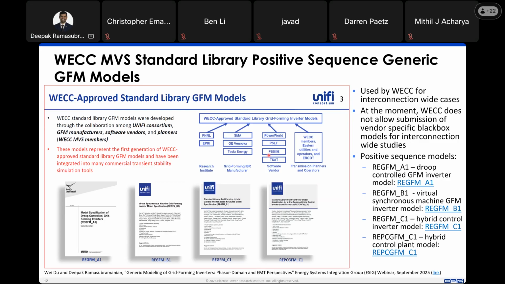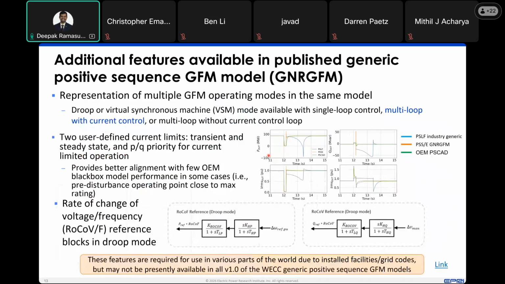But that's not all that the types of models available, because different jurisdictions around the world have different performance requirements. And different jurisdictions around the world have asked for different capabilities from these inverter-based resources. So there are an additional set of models available at the link at the bottom of the slide that have representation of some of the additional functionality that is asked for in various parts of the world.